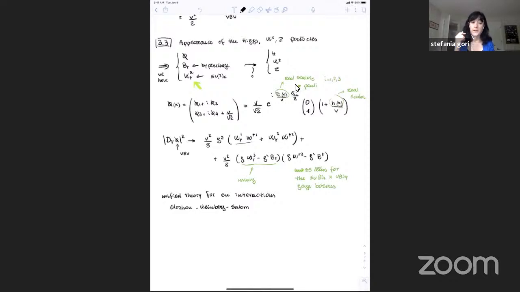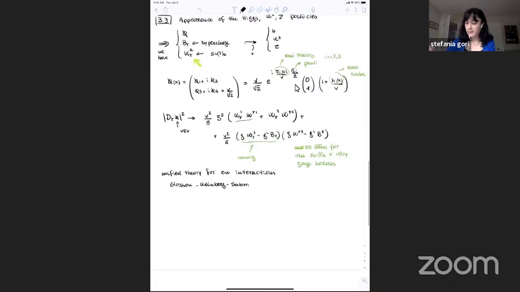Okay. Now, of course, we can diagonalize the system and find eigenvalues and eigenvectors and so on and so forth. And then what will come out are the physical gauge bosons that we know of, namely the W boson, W plus minus, and the Z boson and the photon. So I can diagonalize the system.